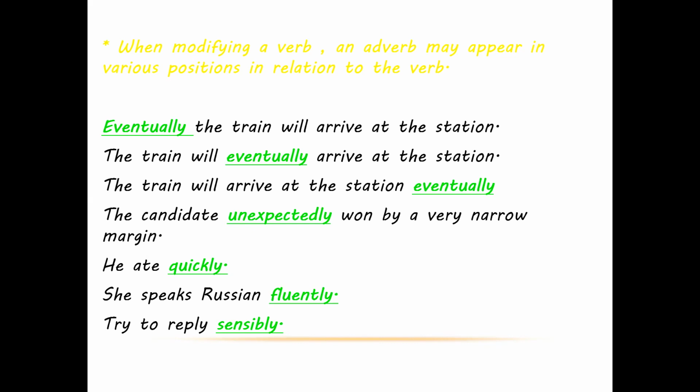As seen in this example, yung word na eventually, it can be found in the beginning, in the center, and at the end. Let's read the first example. Eventually, the train will arrive at the station. What does eventually mean? Mangyayari din naman in the future. Okay? The train will eventually arrive at the station.